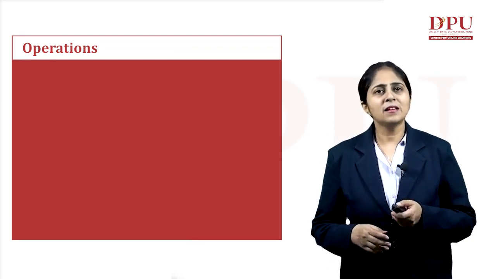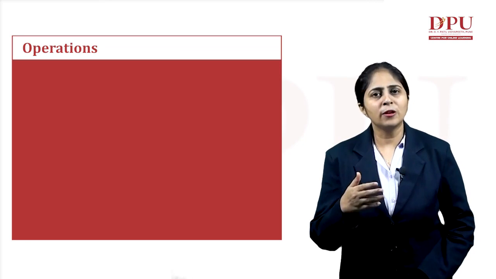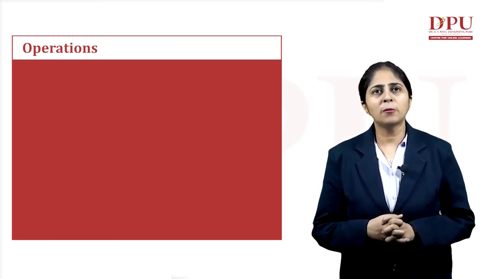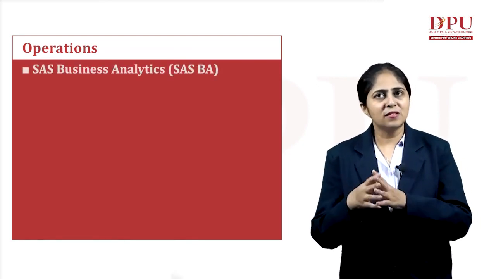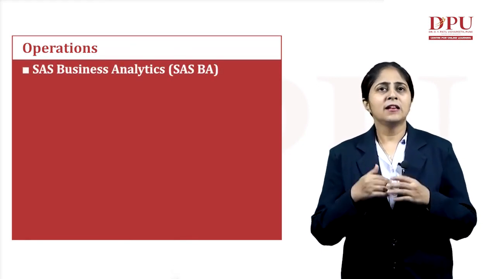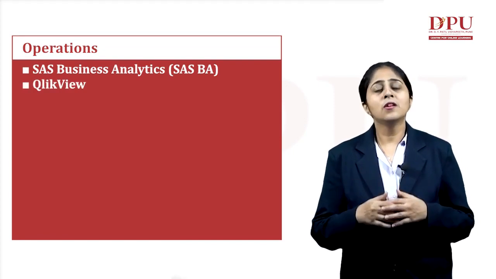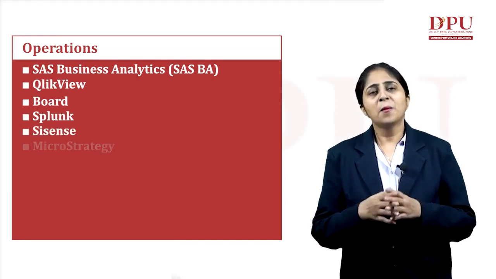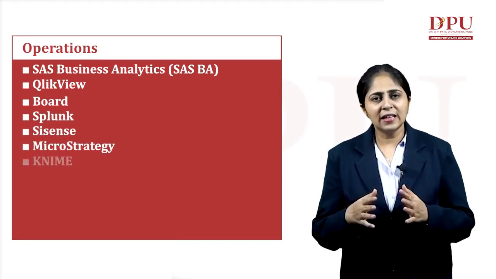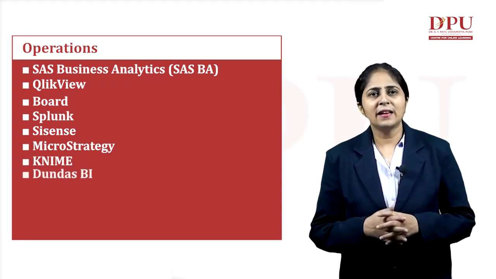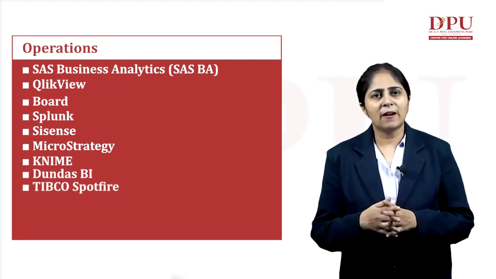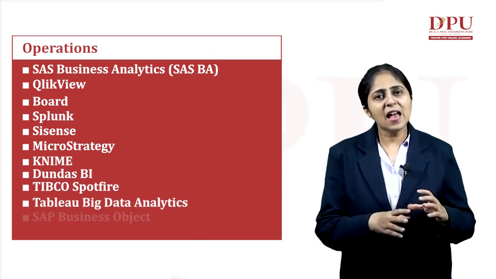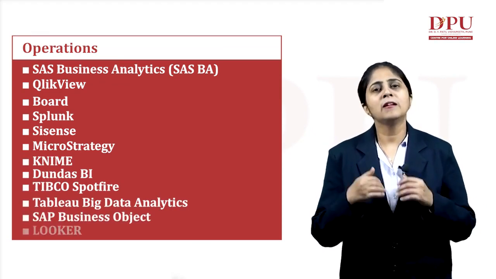The basic tools we are going to discuss are, first of all, SAS Business Analytics, then Qlik View, then Board, Splunk, Sisense, MicroStrategy, Key9, Dundas BI, TIBCO Spotfire, Tableau Big Data Analytics, SAP Business Objects, and Looker.